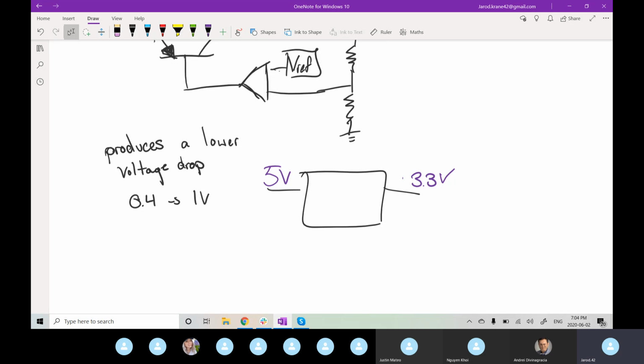Nothing, no one? If LDOs are much nicer, they don't have such a large voltage drop, why don't we use LDOs more compared to the normal linear regulator? Can anybody hazard a guess?